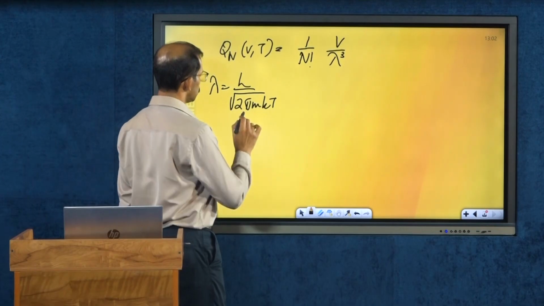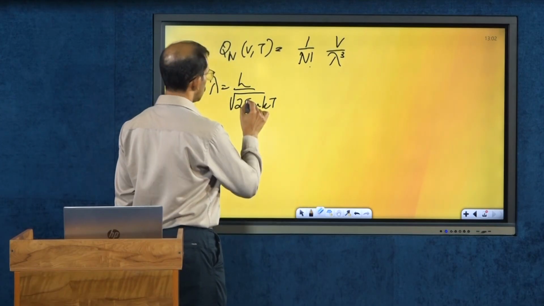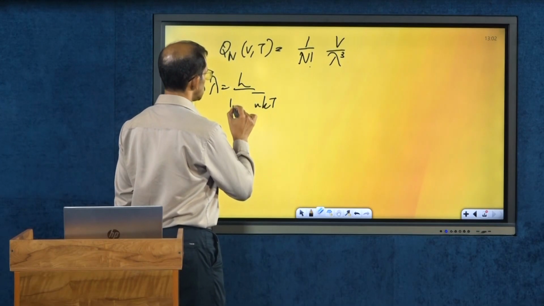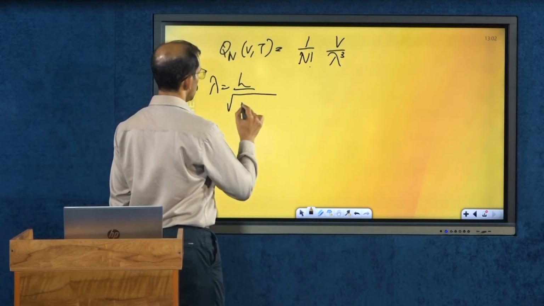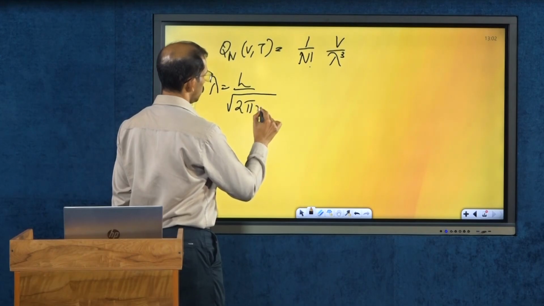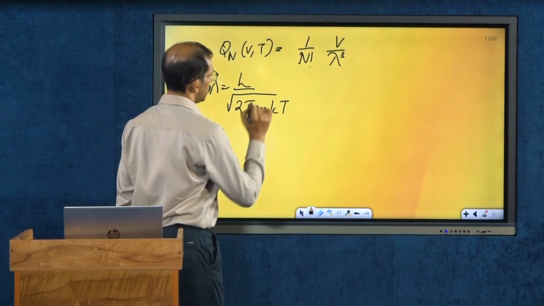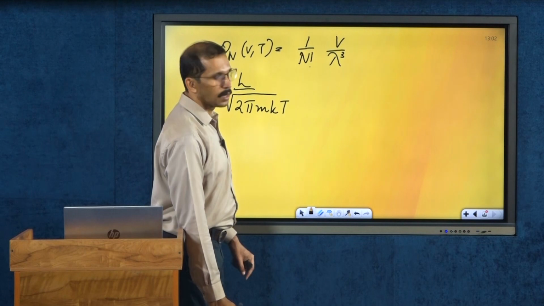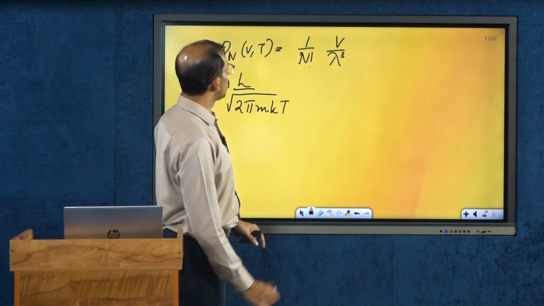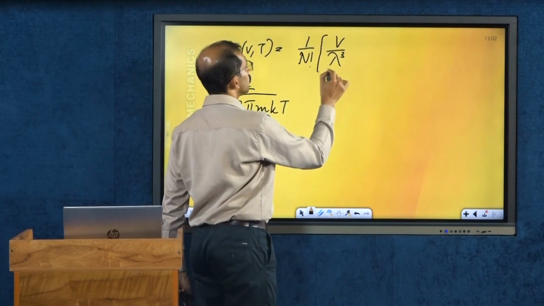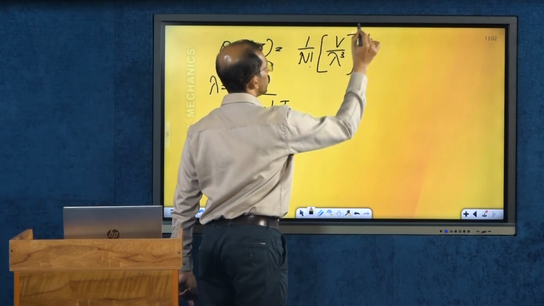This is the expression for our de Broglie wavelength. So if I substitute, I get 1 by n factorial, V by lambda cube, raised to n.